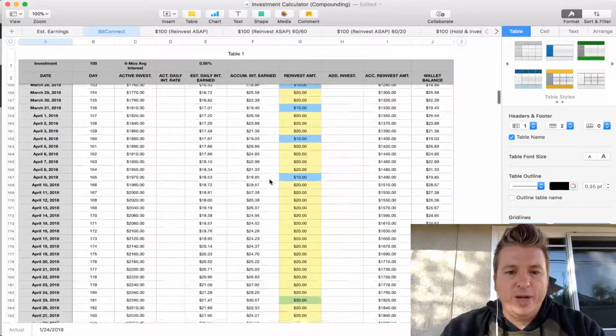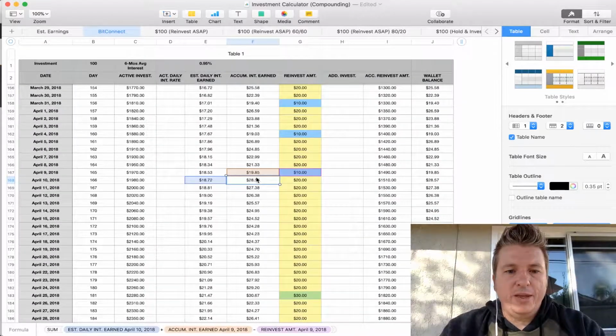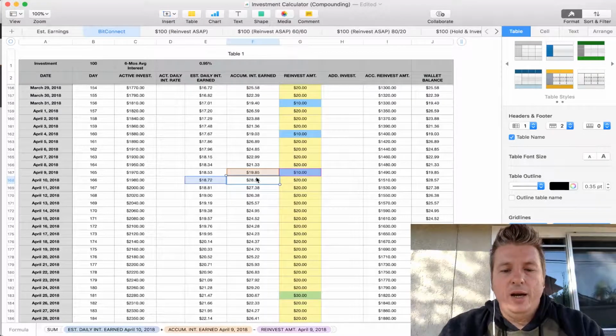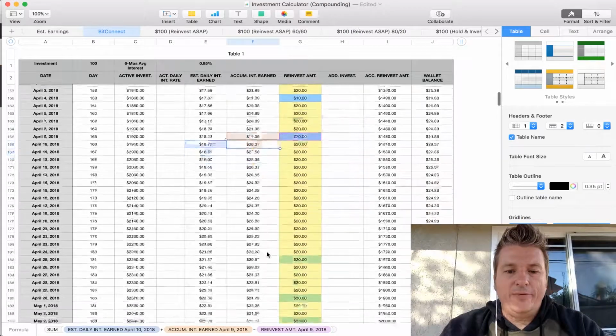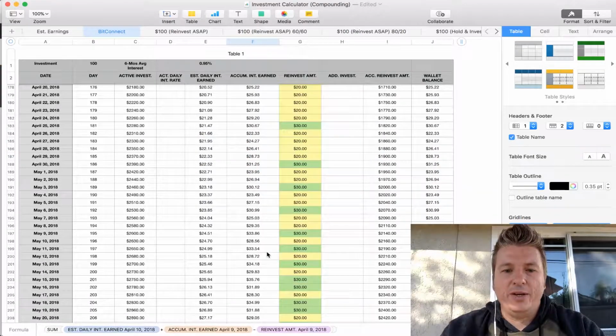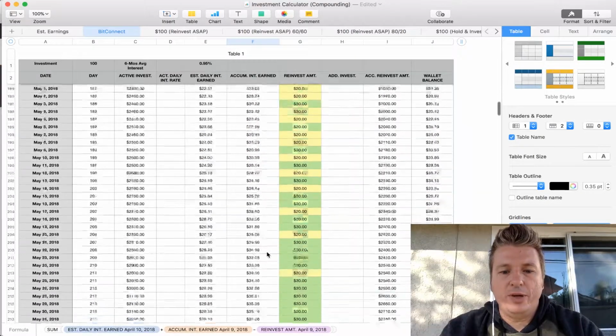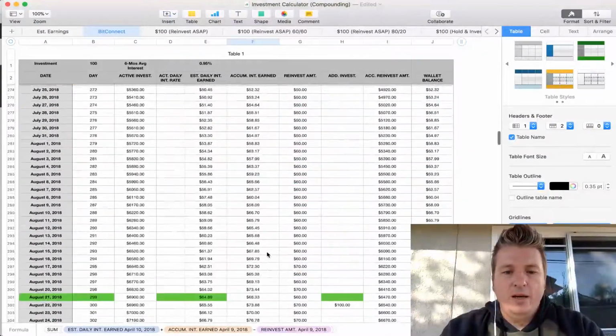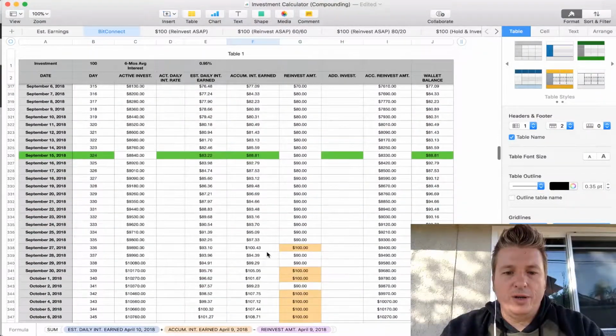And then very soon after, April 10th, I think previously it was April 13th on a previous video that I did, I should be able to start making $20 reinvestments daily. And from there, it happens a little bit faster for each level, 30, 40, 50, all the way up to $100.